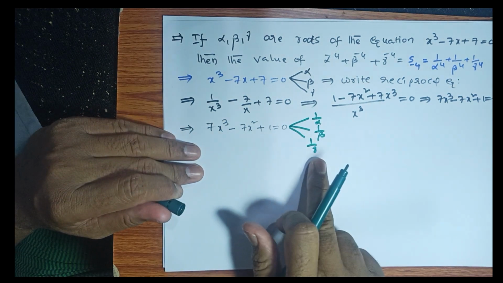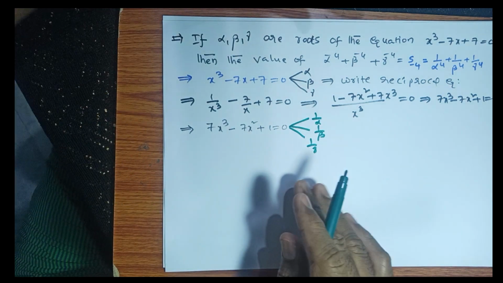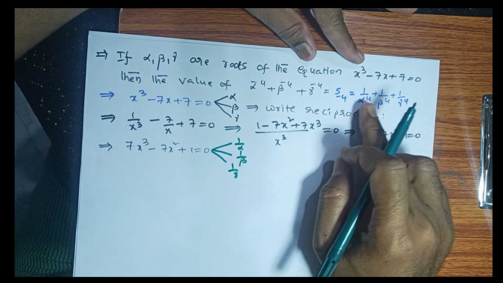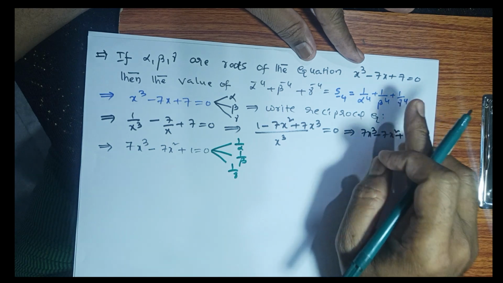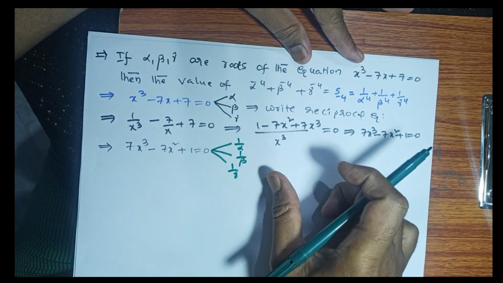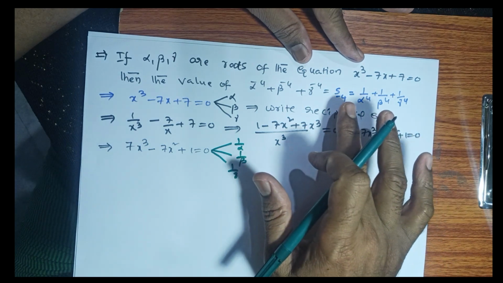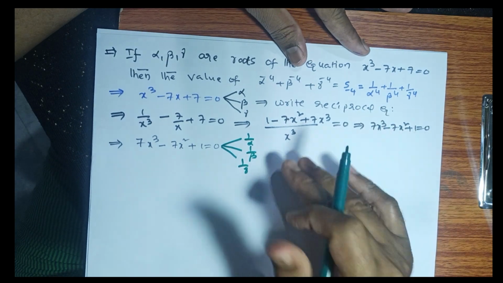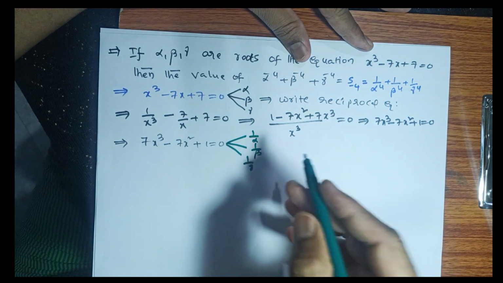So these are the three roots. You have to find 1 by alpha power 4, 1 by beta power 4, 1 by gamma power 4. You have to do it in the same previous method, but you have to consider the reciprocal format. We should not consider it directly, for convenience.